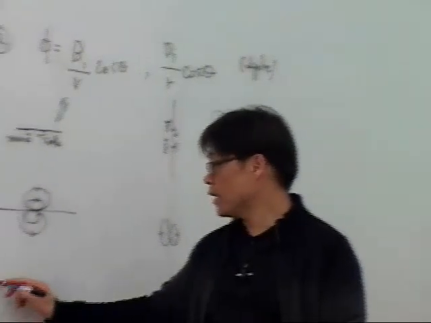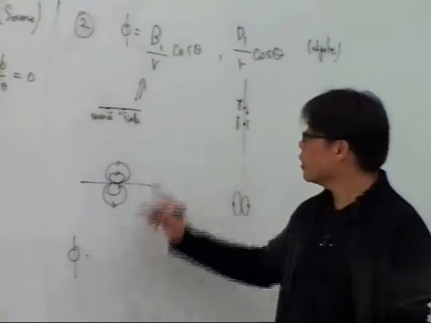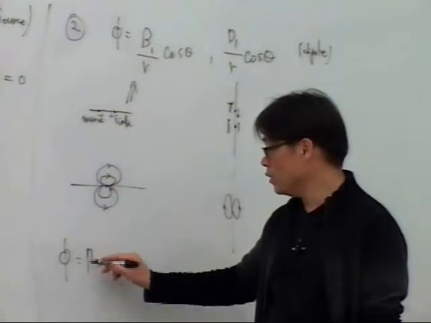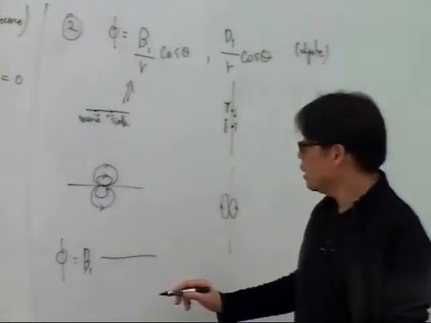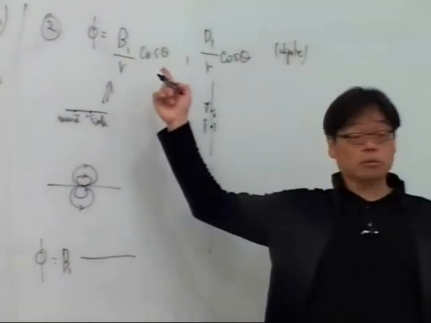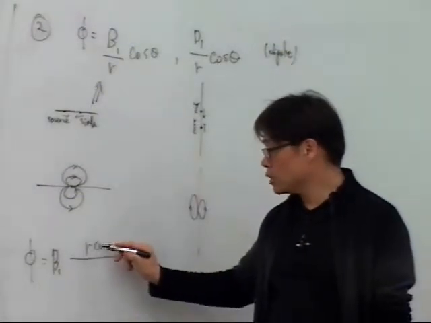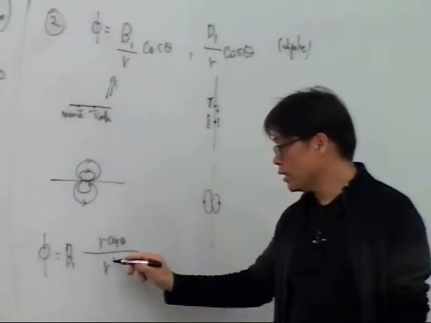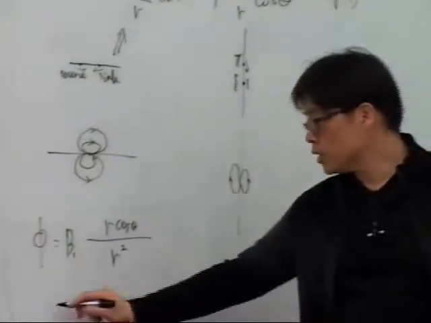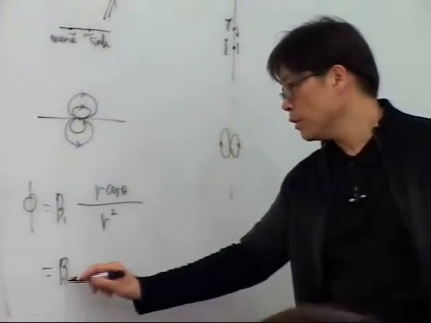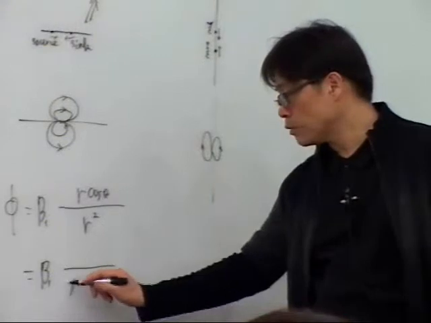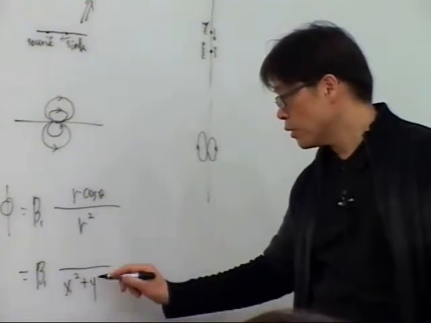And in terms of Cartesian coordinates, you can write this as B1. I multiply the denominator and numerator by r, then I have r cosine theta and r squared, which is B1 x over x squared plus y squared.